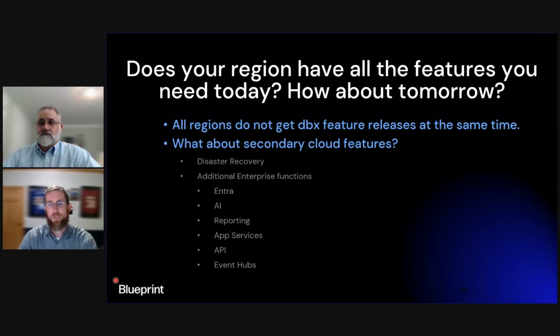You need to make sure all the features that you are using in your primary region are also there in your DR region. The reason why we say that is we see that there is a discrepancy in release dates between regions for different circumstances in each cloud provider, and even within the products. So it's just important to make sure you are reviewing all that information before you decide what regions you're going into.